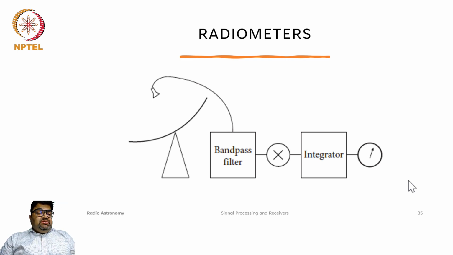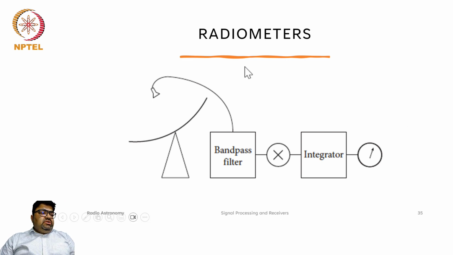We spoke about the Nyquist sampling theorem, various tools, as well as the discussion of noise, sensitivity, etc. Now let us combine them together and see how a basic radiometer, the basic block of a radio telescope, looks like.